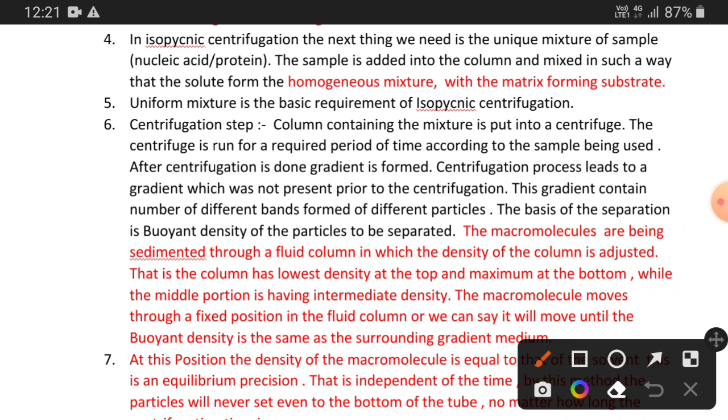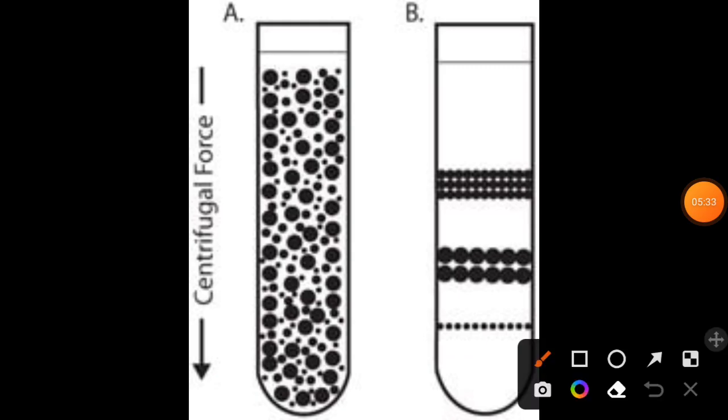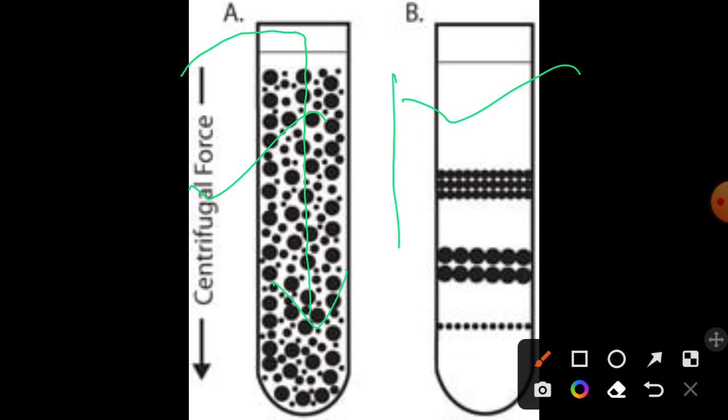Now I want to discuss the basis of that. Test tube A is the condition prior to centrifugation and test tube B is the condition after centrifugation. The basis of the separation or gradient formation is nothing but the buoyant density of the particles. The macromolecules will pass through a column whose density is adjusted.